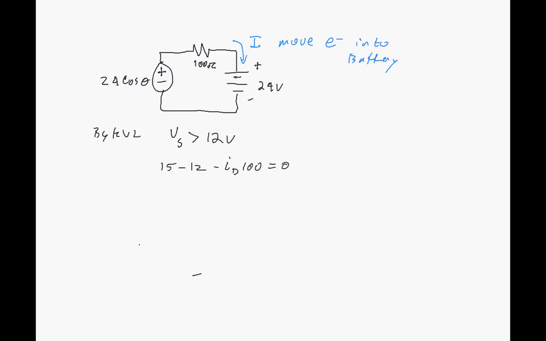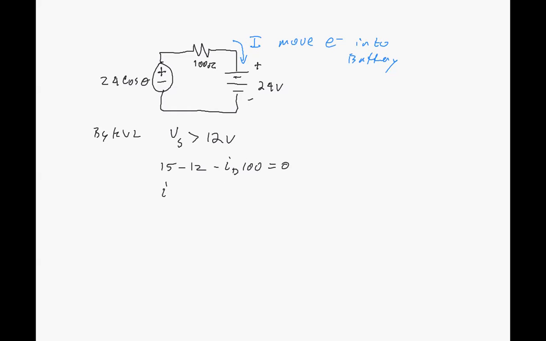That should all sum up to 0. That would be the voltage drop all the way around this circuit. And what would we have? So we need to find ID. So we'll solve for that.